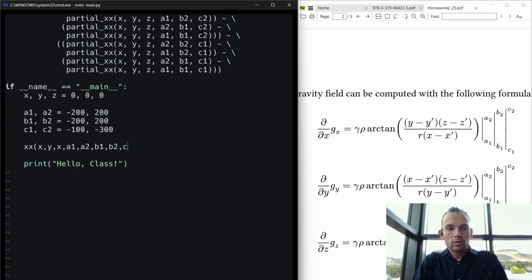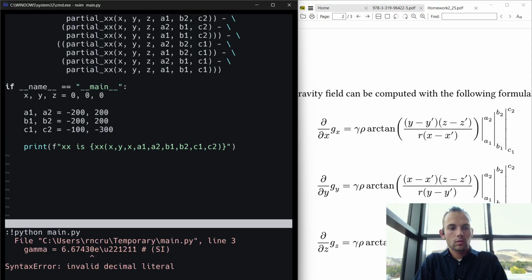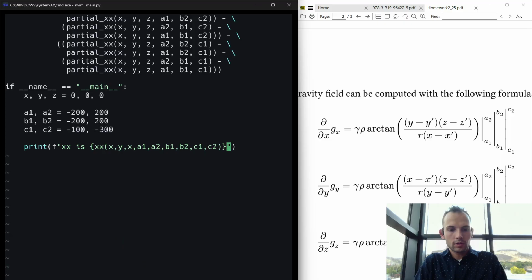B1, B2. Okay, let's do something like XX is... Sorry, I've been doing too much C lately. Temporary, invalid, decimal, literal.